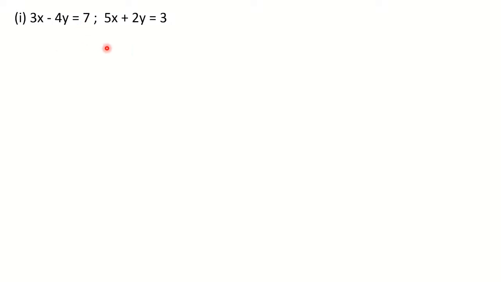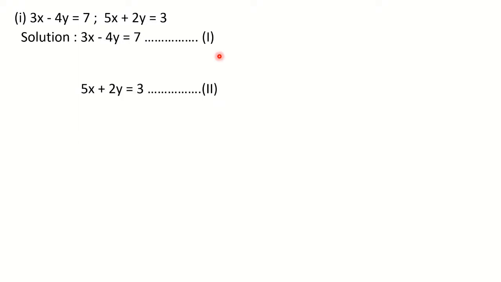Now if you observe here, the equations are in standard form. So immediately follow the next step, that is number them as 1 and 2. Write down 3x minus 4y is equal to 7, equation number 1, and 5x plus 2y is equal to 3, equation number 2.